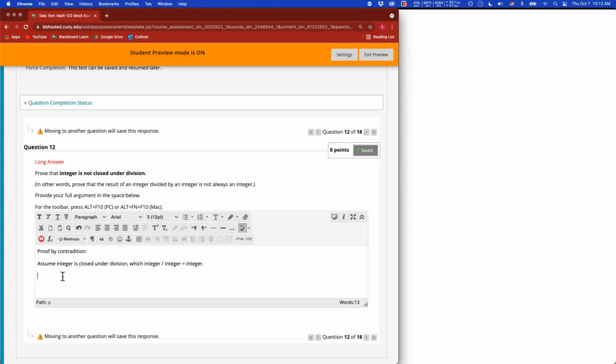Okay, so I see people have counterexamples: 1/0 is not an integer, right? Or you can say 1/2 is a fraction, not an integer.